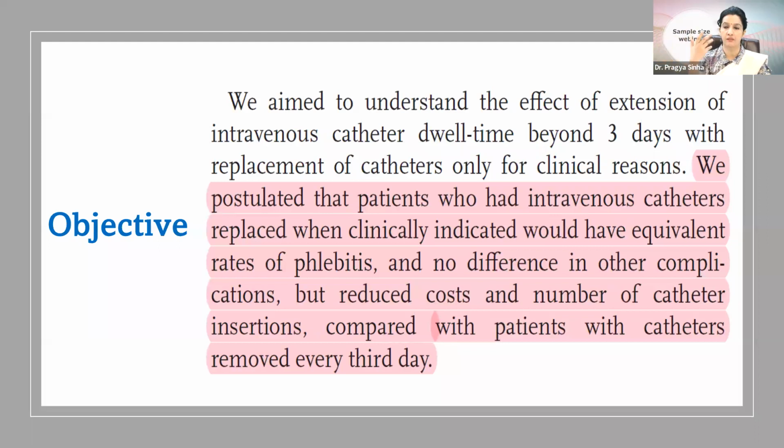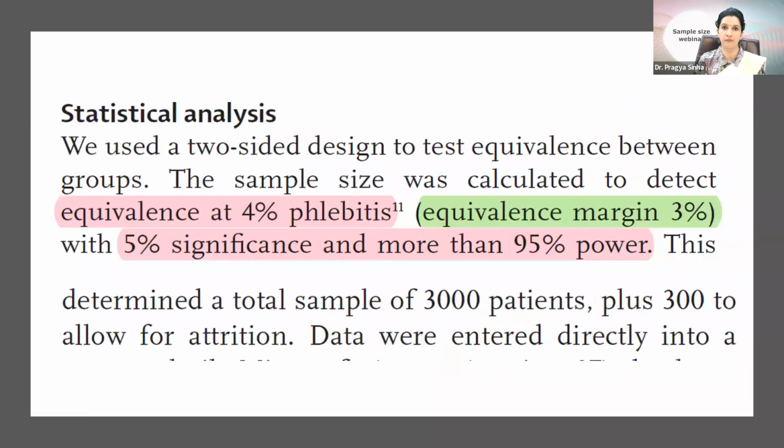They are saying that it will lead to reduced cost and a reduced number of catheter insertions. So they have used this test of equivalence, and the outcome they have taken is phlebitis. The phlebitis rate in both groups they have kept as 4%, and the equivalence margin was set as 3%. And they have kept the power at more than 95%, meaning 99%.